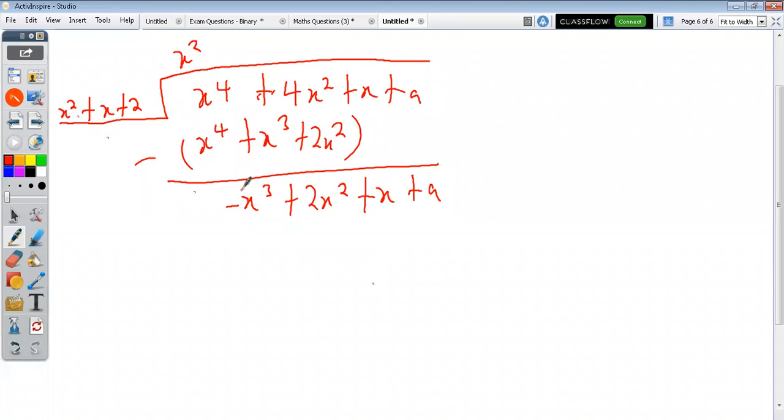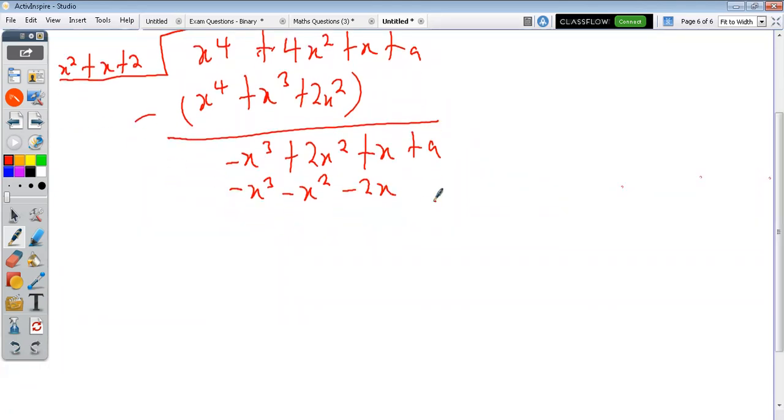Then we say x cubed into this here, we get minus x. And then we multiply, we get negative x cubed, multiply minus 2x squared. That's correct. Multiply minus 2x. Then we subtract, so this becomes a positive.